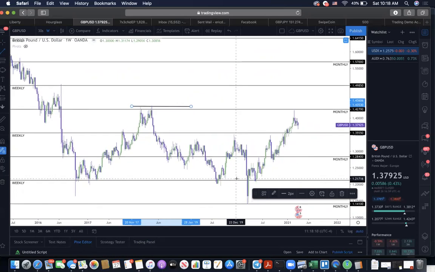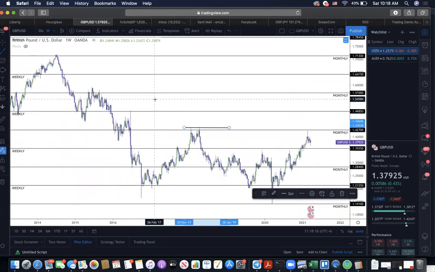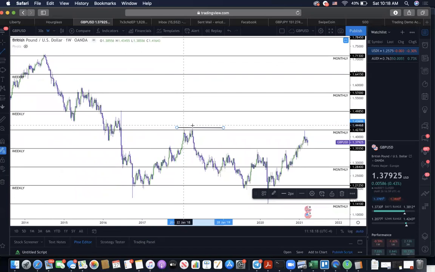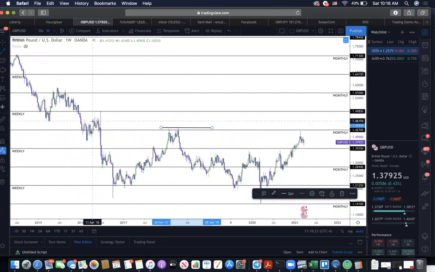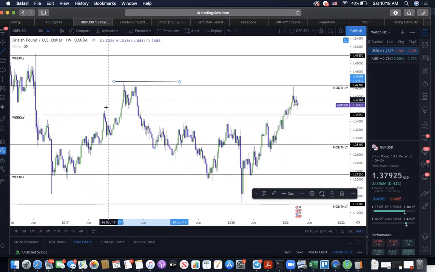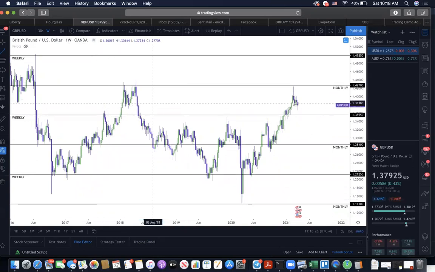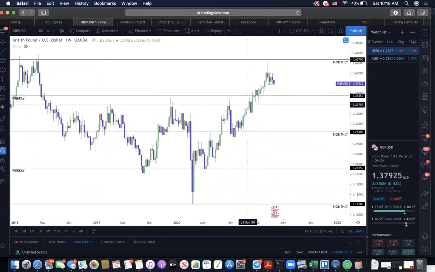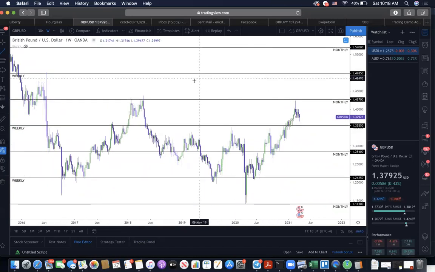But at some point, the market has to come and correct all these double tops. And we have some time. These are monthly candlesticks, so it's not like this is going to get here tomorrow or in a week.